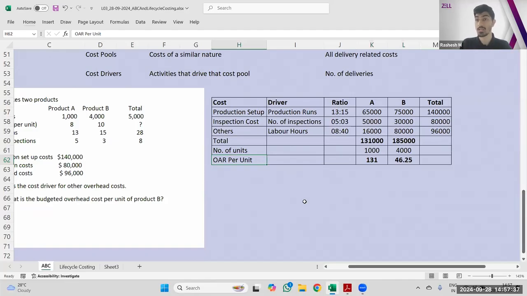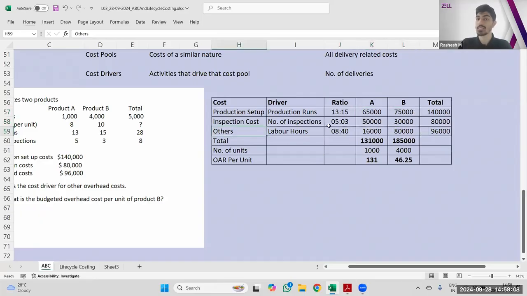Whereas if you solve the sum using absorption costing, it's an 8 is to 40 ratio, which means practically 90% of the cost would have been allocated to B, and B's cost would be very high. Whereas when you see that more of the costs are incurred because of production and inspections, which happen at a decent, roughly equal ratio for both products, that allowed you to give more of the cost to A as well.